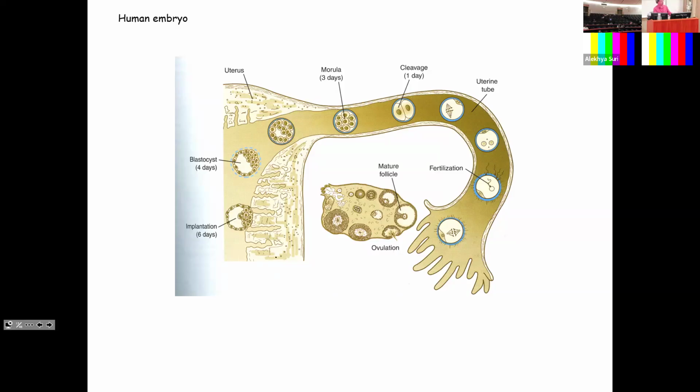So progesterone is responsible for the maturation of this lining, and no zona pellucida, and the embryo implants, okay, and implants in the right place. If there wasn't zona pellucida here, it would have implanted ectopically.